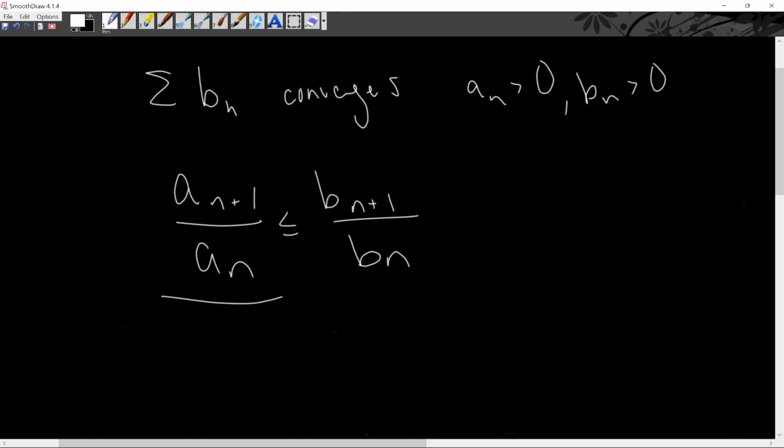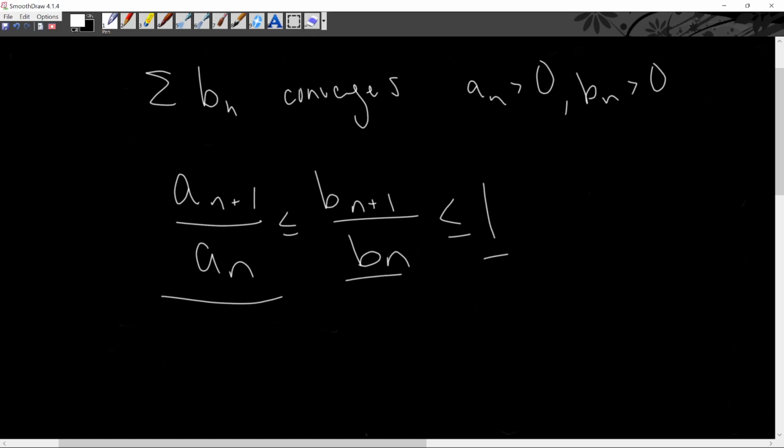So it's a similar idea to the comparison test, and it's also similar to the ratio test. Since we established that b sub n plus 1 over b sub n is less than 1 because b sub n converges, that means that a sub n plus 1 over a sub n is less than 1 because it's less than, okay, I'll write this down. That makes it a whole lot easier to see.